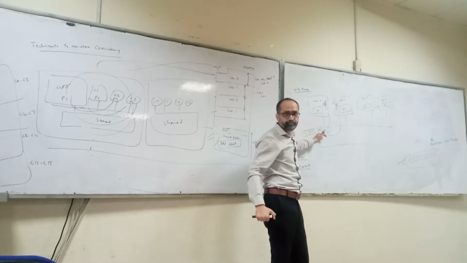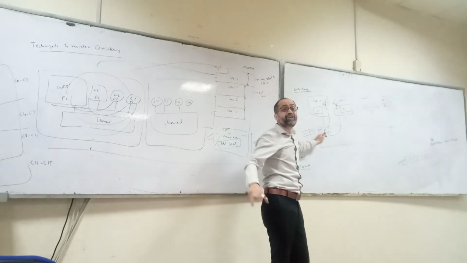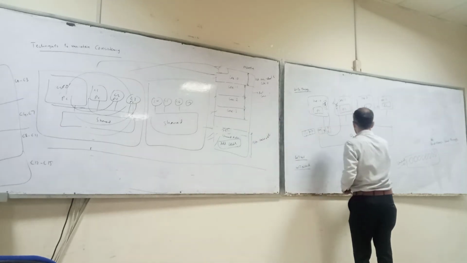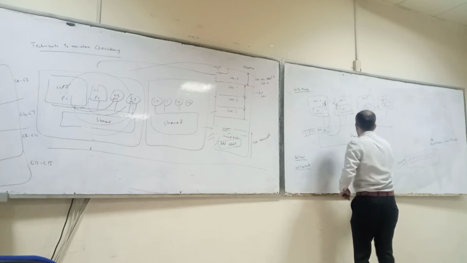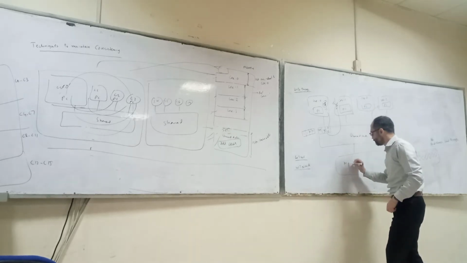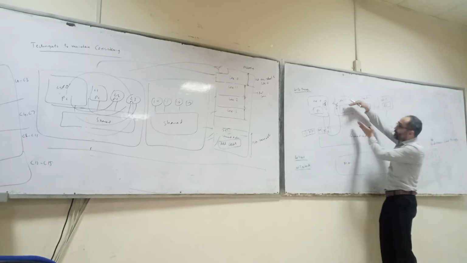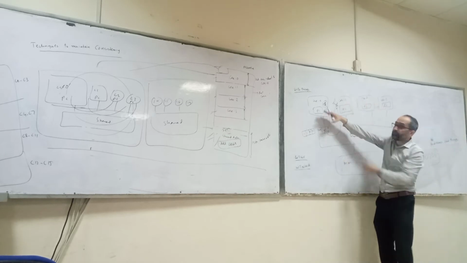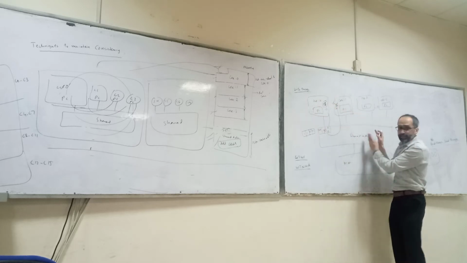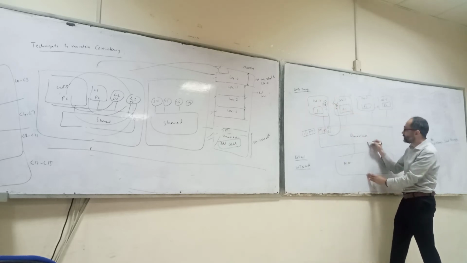Now we can have a main memory, and we can have two policies. The policy between the core and the shared cache can be write through, and the policy between the shared cache and the main memory can be write back.